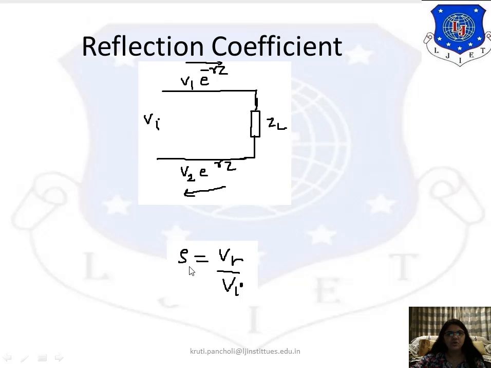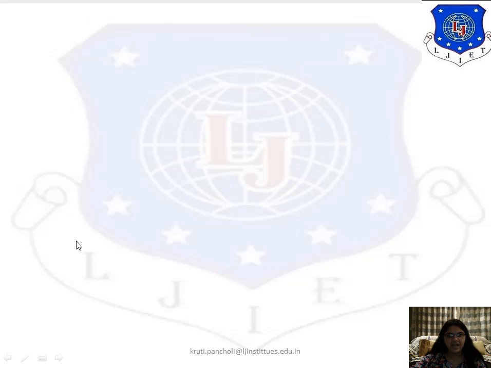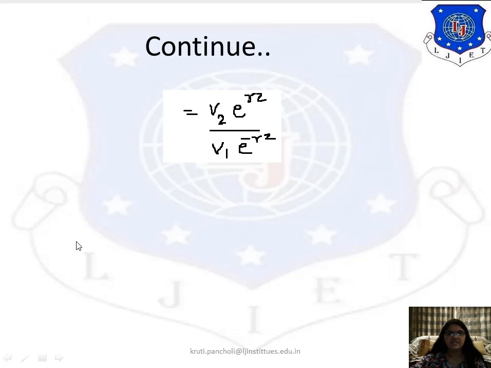The reflection coefficient is denoted by rho, which is equal to VR, the reflected wave, divided by VI, the incident wave.